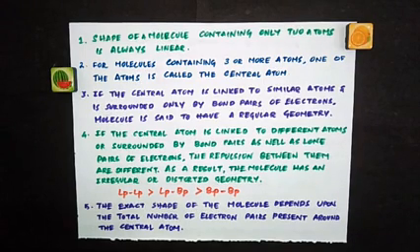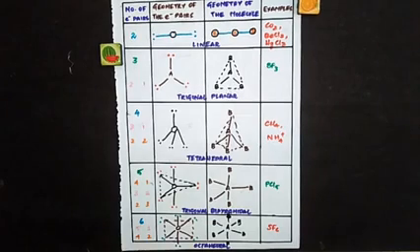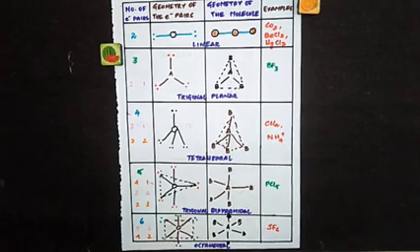Now let's see what the different possible shapes a molecule can possess are, depending upon the number of bond pairs and lone pairs. First, we are going to consider molecules having only bond pairs, no lone pairs here. If the molecule has only bond pairs, what different shapes can it possess depending upon the number of bond pairs of electrons?